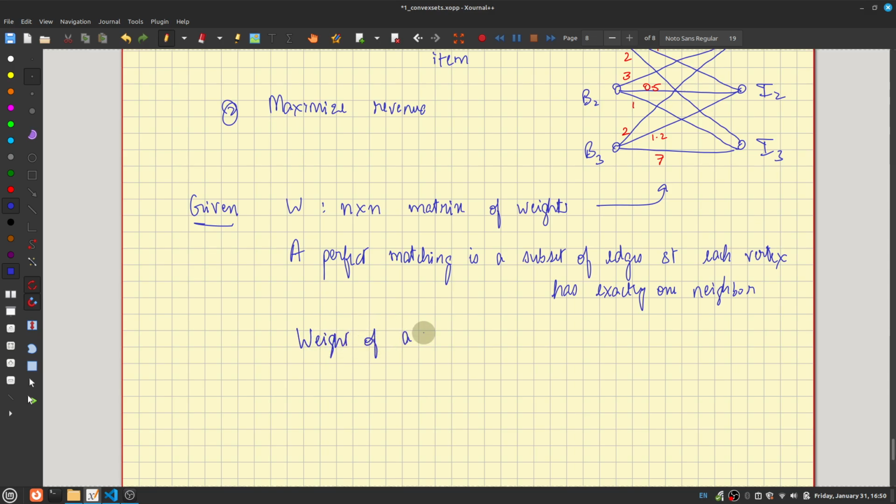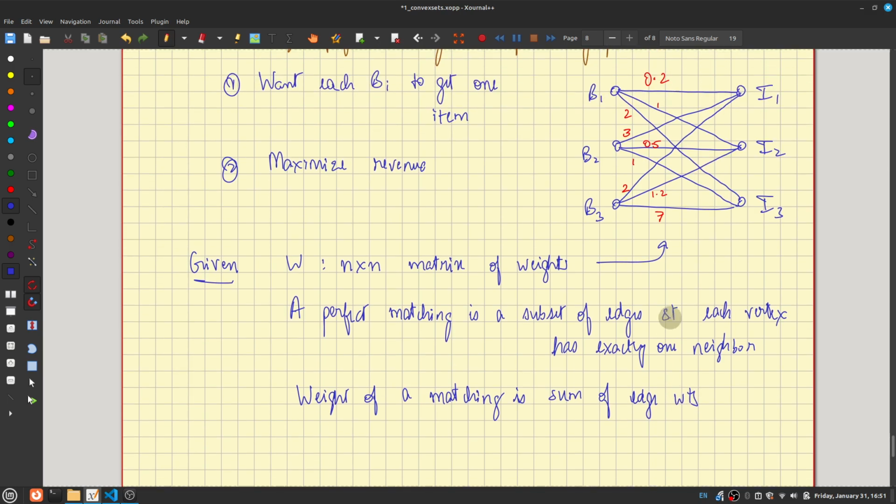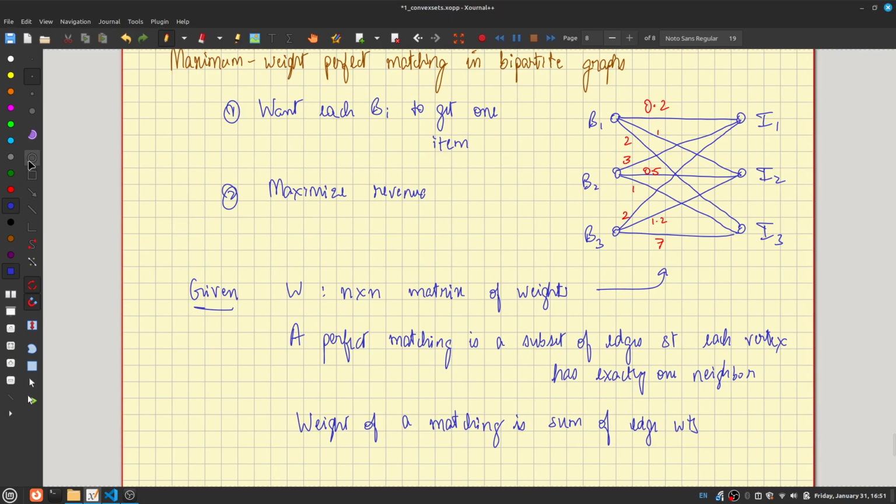The weight of a matching is just the sum of the edge weights. So for example, let me take this case.